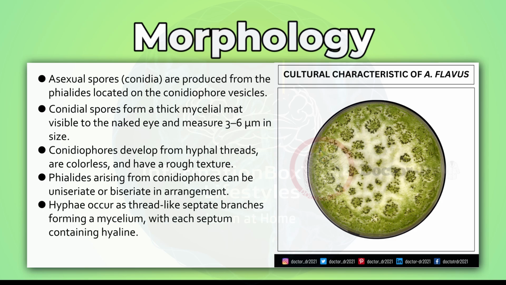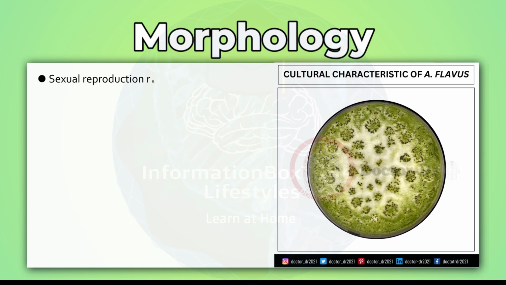Hyphae occur as thread-like septate branches forming a mycelium, with each septum containing hyaline. The hyphae are extremely small and not visible to the naked eye. Sexual reproduction results in ascospores contained within the sclerotia.